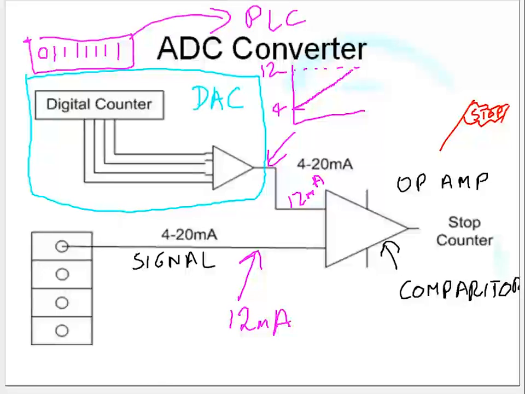Okay, because each time we have to restart the counter, wait for the counter to get to the value, and then pass the value through, then restart the counter, wait for the counter to get to the value, and pass the value through, ADCs sample.